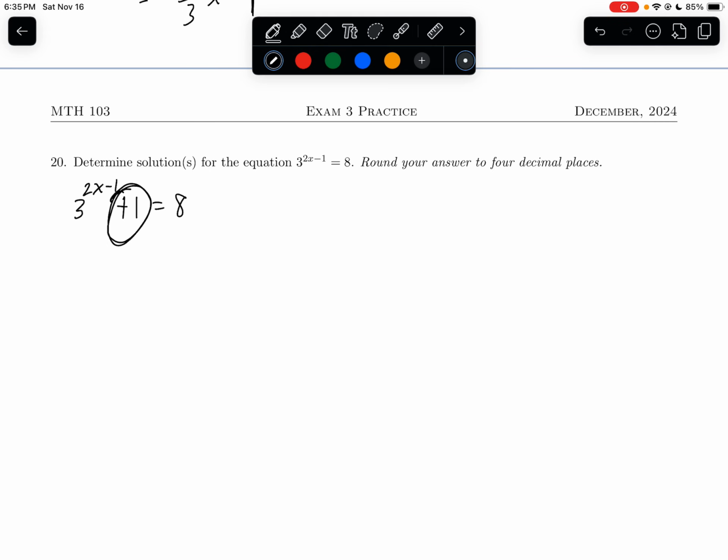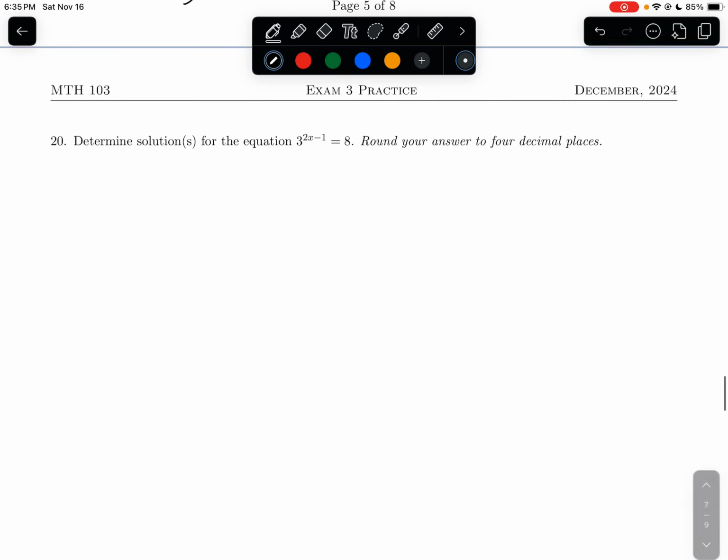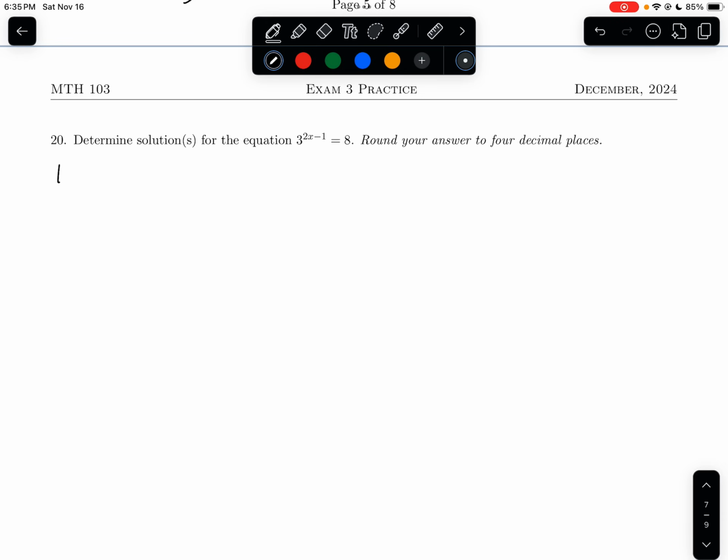Otherwise we're going to try to do something and we're not going to be able to make any more progress. So this is already set up to solve. We don't need to simplify it. We can't.